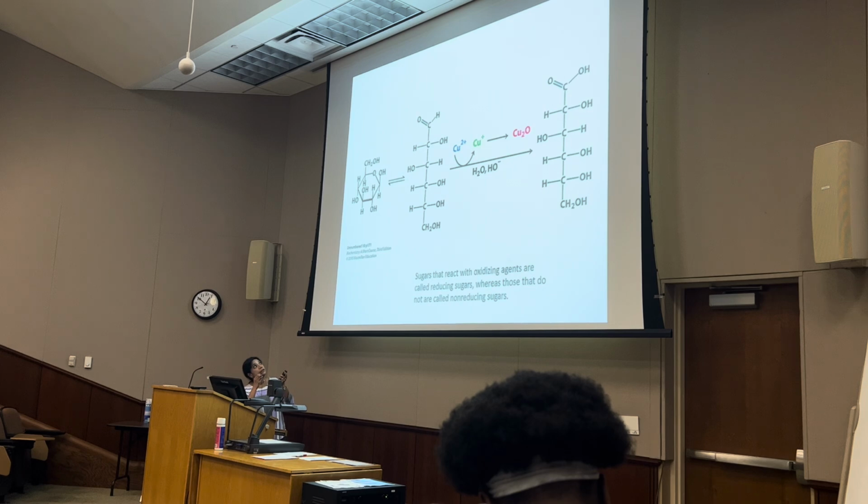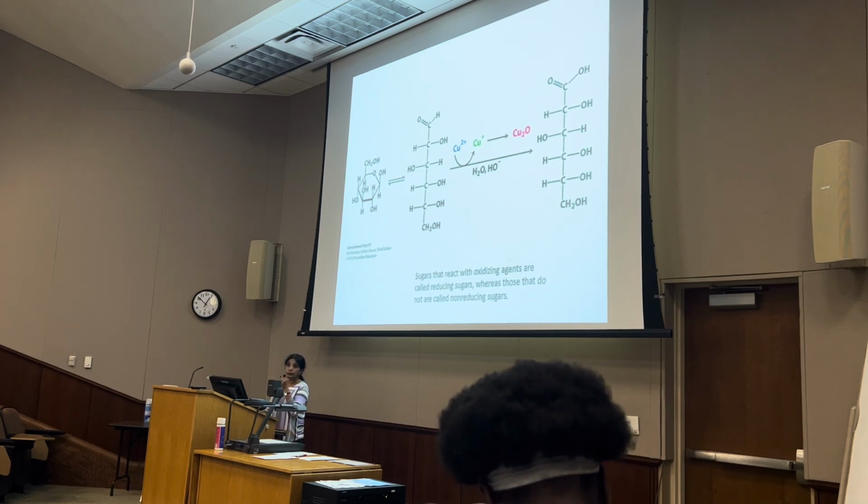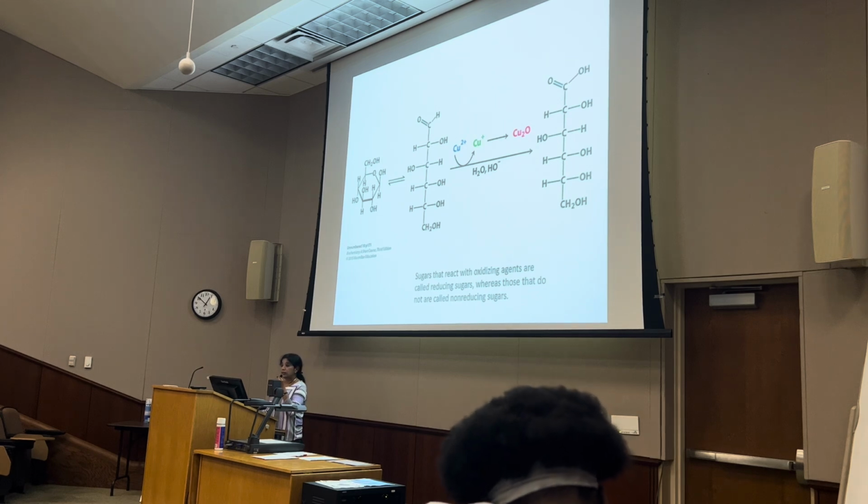Only the sugar groups that have aldehydes will do this, and so they are called reducing sugars. Those sugars that cannot are called non-reducing sugars. You just see a color change, so it's a qualitative experiment. It starts out blue, and then once you add reducing sugar, it turns into a dark brick color, and that's your reducing sugar right there.